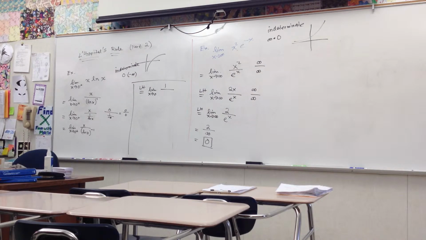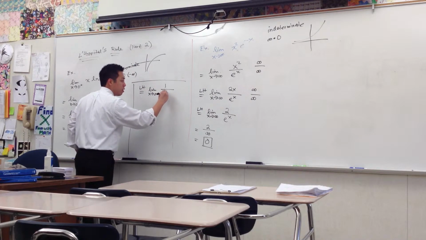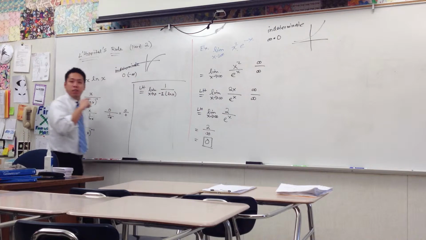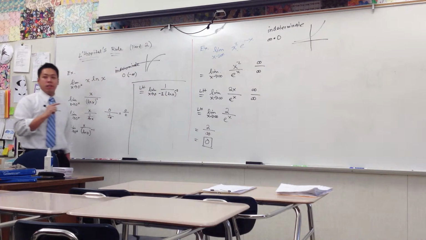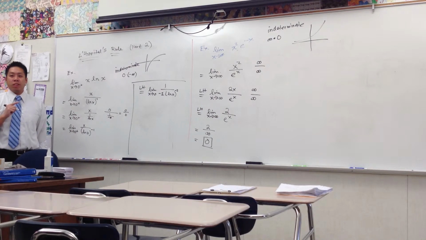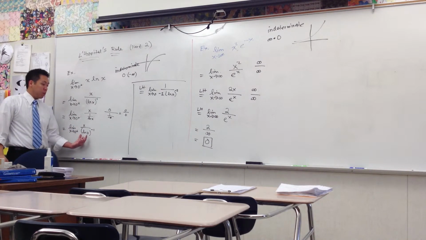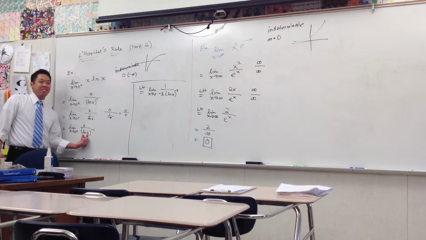Negative one times log x to the negative 2, and there's more. You did the power rule. Now what's the derivative of the inside? Derivative of log x. 1 over x, good.